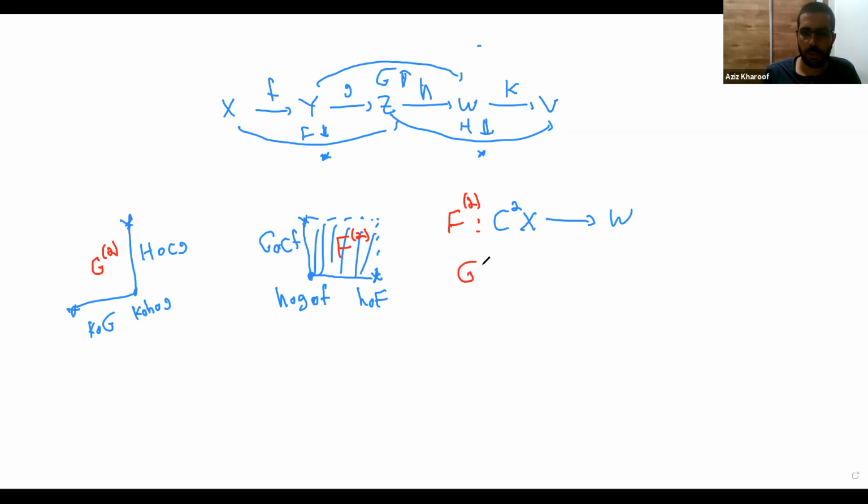It's a map from the double cone of Y to V. Here we now compose this with K, the last map, and this with the first map F. So we compose this with K, and we have a map from the double cone of X to V. And here we can compose with F, the first. So here it's F, but here I have to put a cone of F.